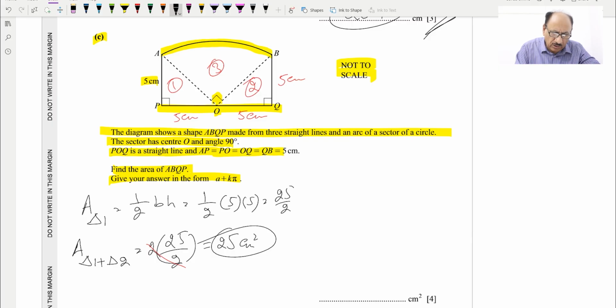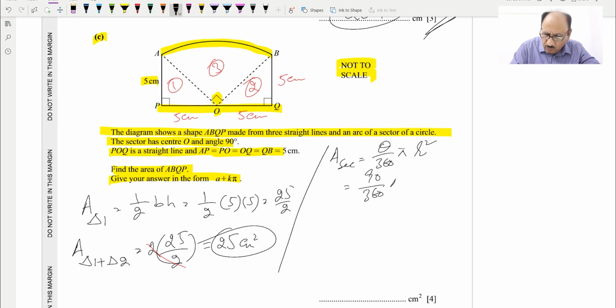Now we need to find the area of the sector. So the area of the sector is equal to theta over 360 into pi r square, and theta is 90 degrees. So this will be 90 over 360 into pi, and the radius we need to find.